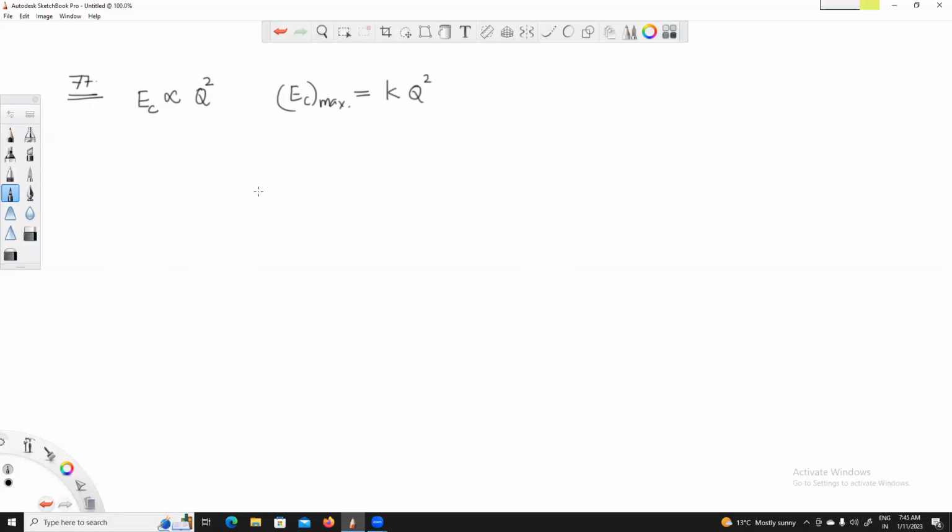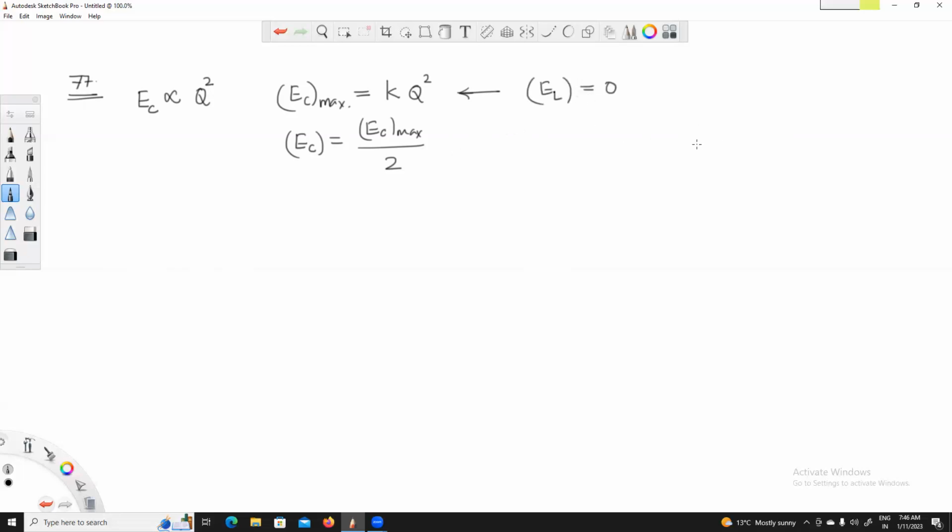So when this energy is stored equally between electric and magnetic, the energy has become EC max times half, because it is equally stored in the magnetic and electric field. When it is maximum in the capacitor, the inductor energy at the same time would be 0, right?